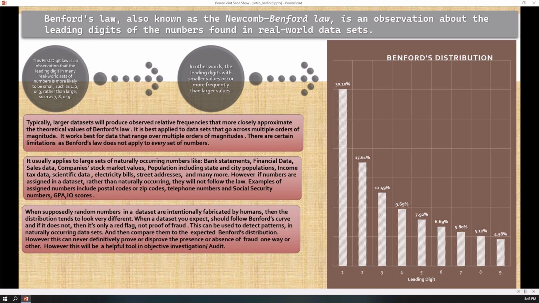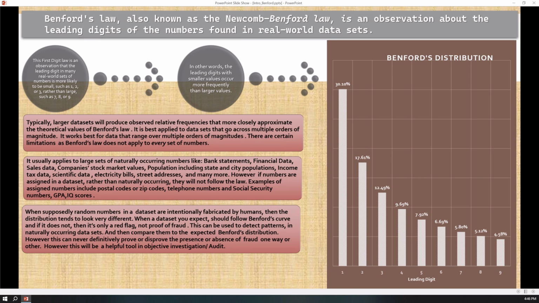Auditors and statisticians who applied Benford's law to several datasets found that whenever somebody intentionally changes the numbers, the distribution does not obey the expected Benford's distribution.